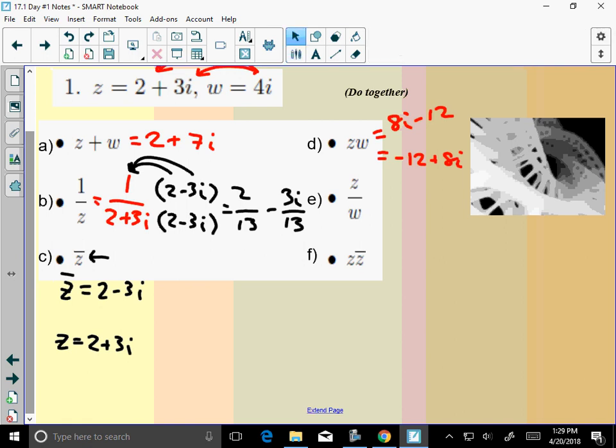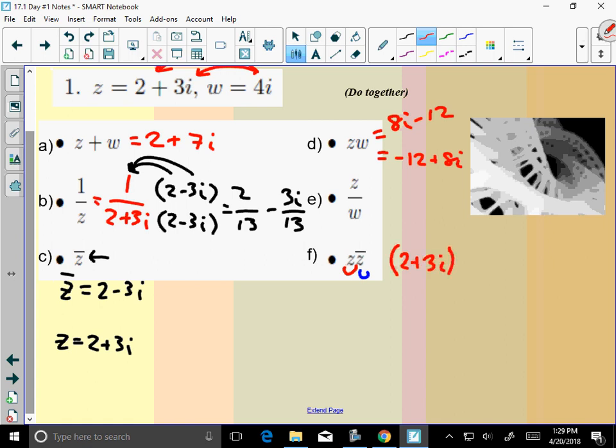So this right here, what's 13? Oh yeah, that's exactly what it would be. z is 2 plus 3i. z bar is 2 minus 3i. And we already calculated it up here. It's going to be 4 minus 9i squared. That's 4 minus 9 times negative 1, which is 4 plus 9, which is 13.